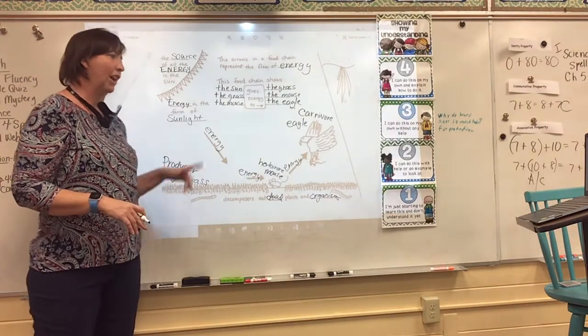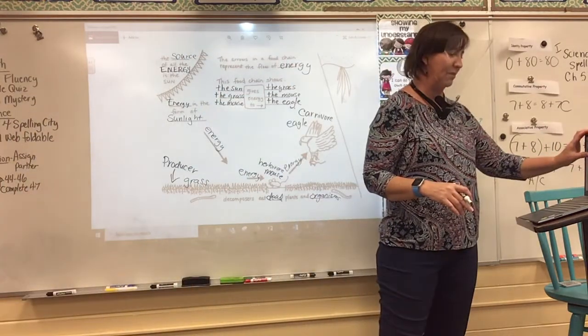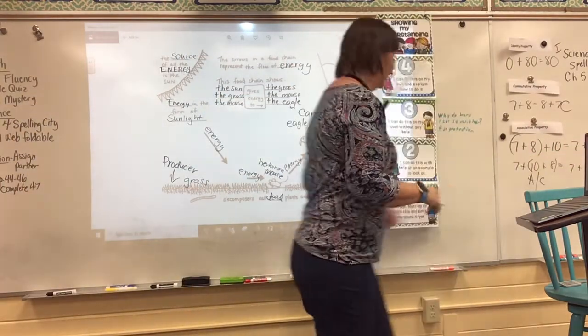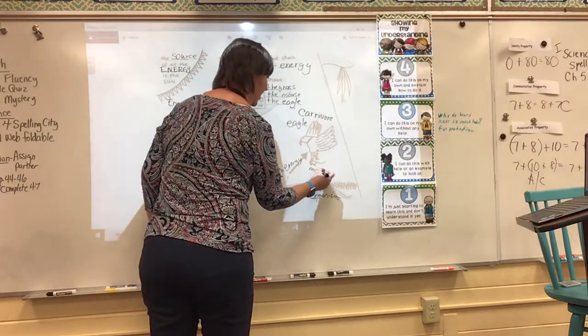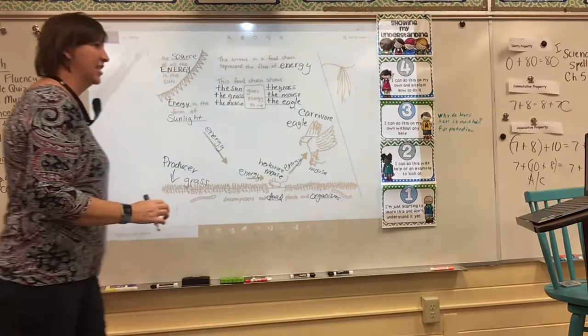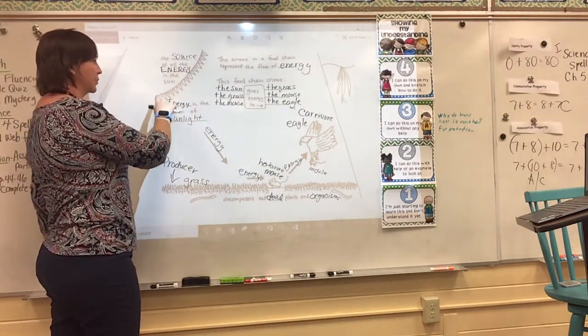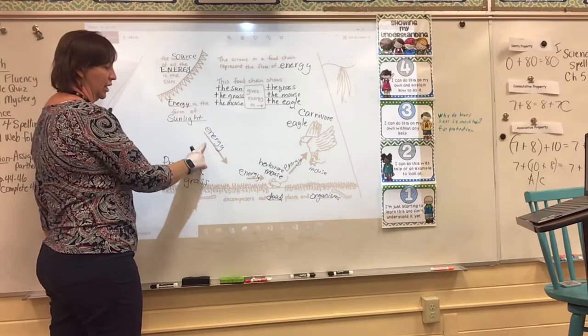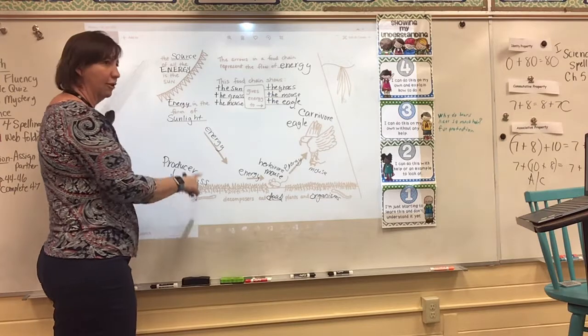So looking at where our energy flows, there's more than one mouse here. I know there's two. There's another mouse here, and the eagle's hand. So we have the source of all energy is the sun. Energy in the form of sunlight goes down to the grass and it feeds the grass and the producers make their own food.